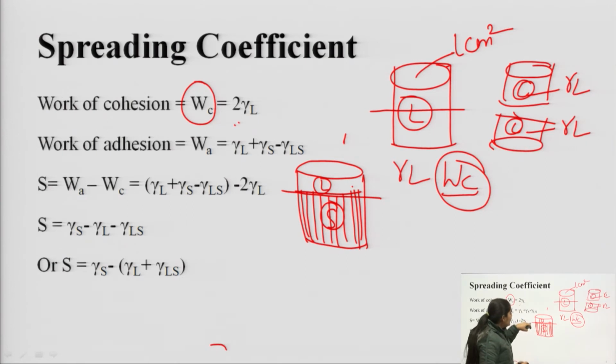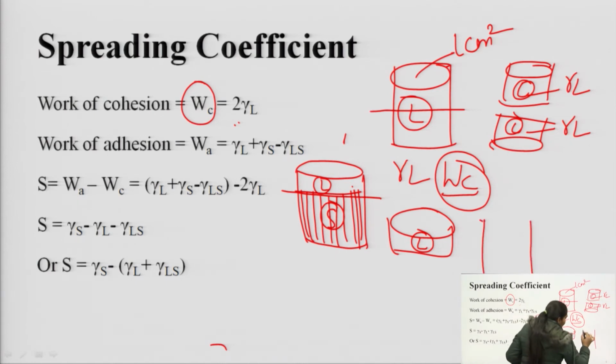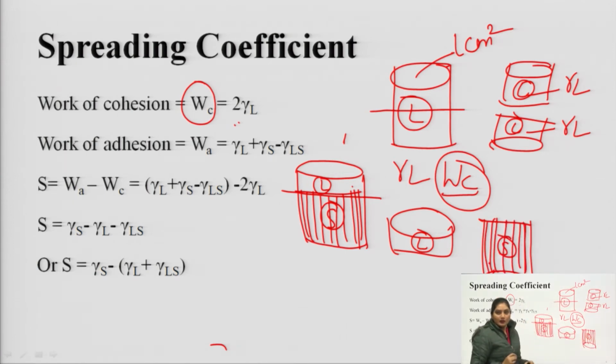When we apply certain energy to separate these two molecules, this is L and this is S. Okay. There are two surfaces.